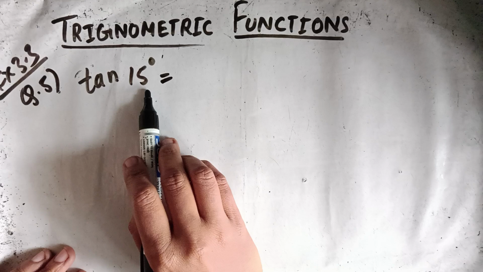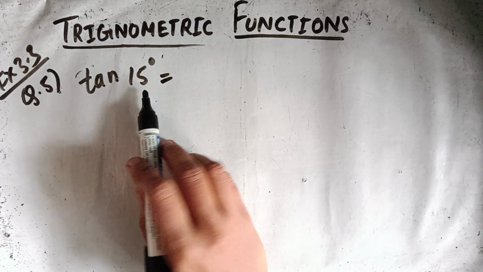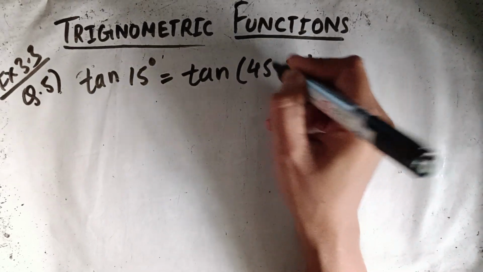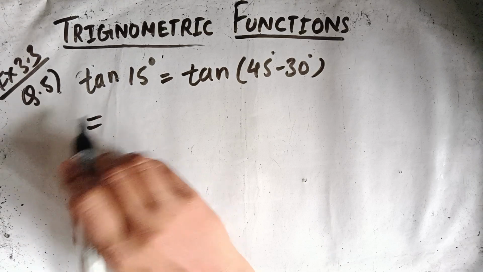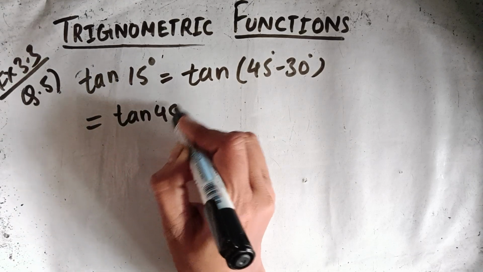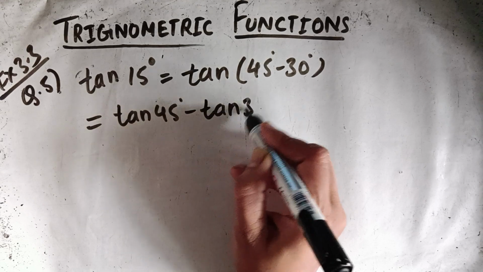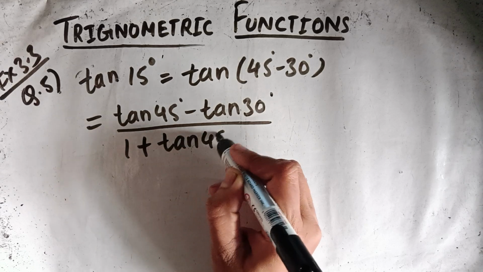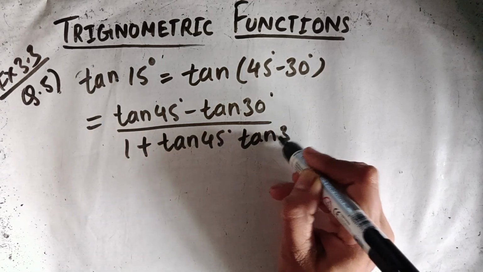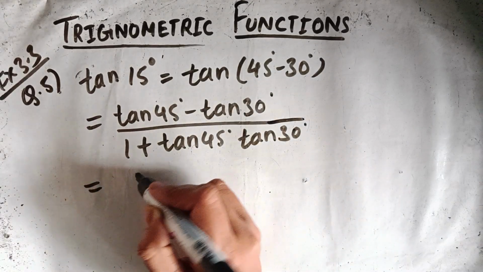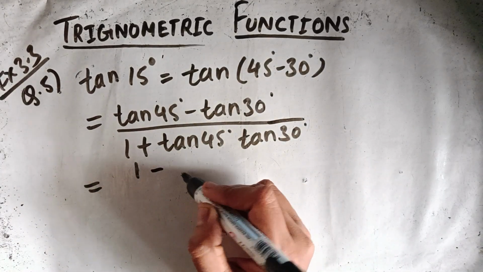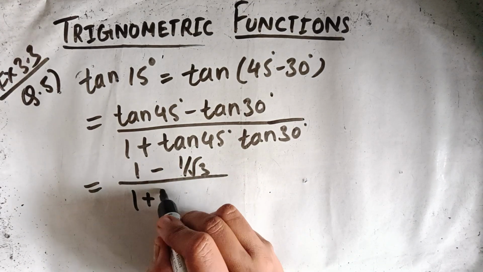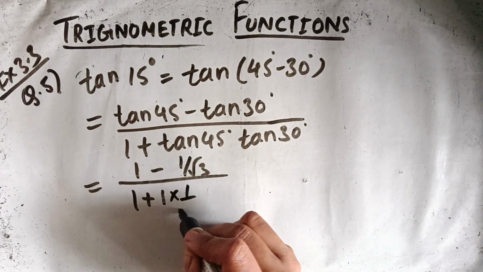Again you have to split this. 15 you can write it as 45 minus 30. So make use of tan A minus B, tan A minus tan B upon 1 plus tan A into tan B. So tan 45 is 1, tan 30 is 1 upon root 3, 1 plus tan 45 is 1, and this is 1 upon root 3.